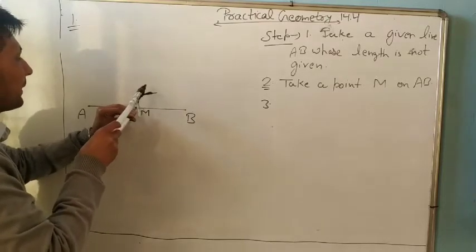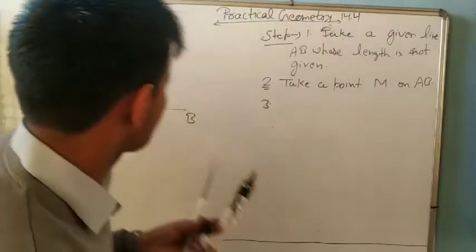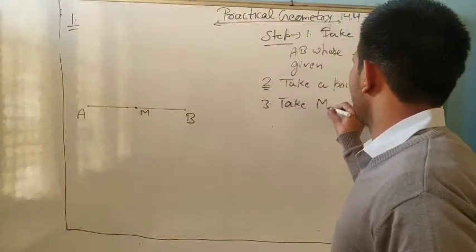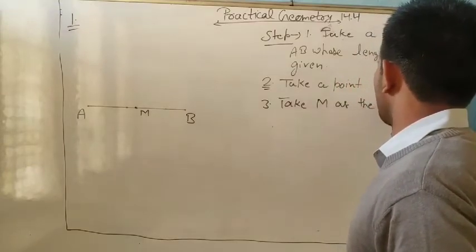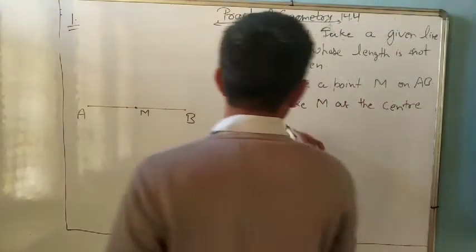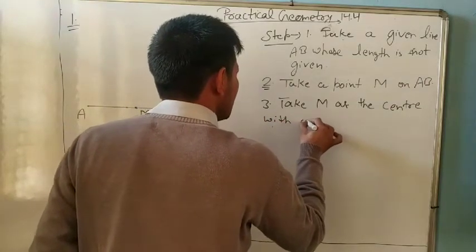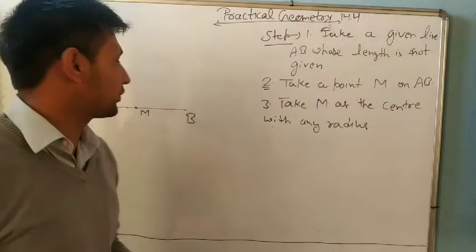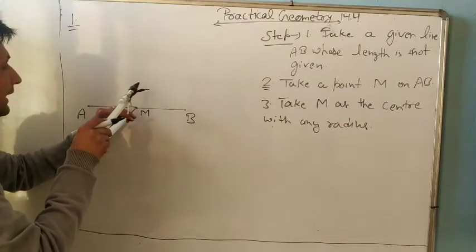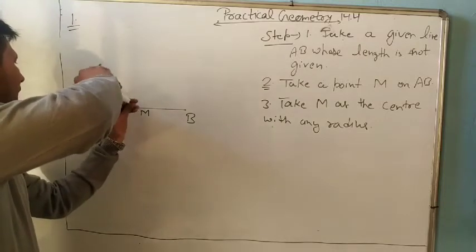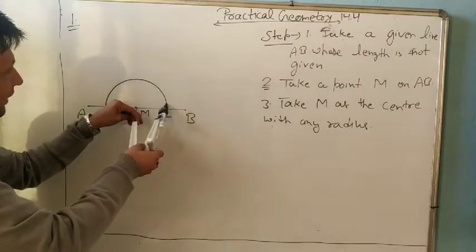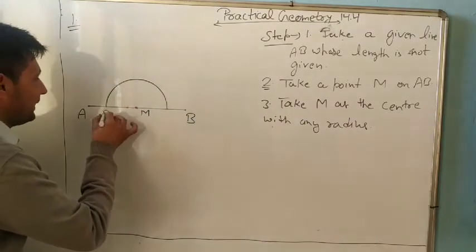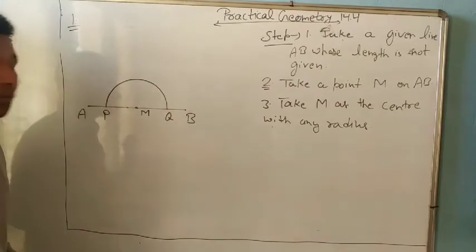So I am writing: take M as the center with any radius. Any radius means whatever you want to take. Now put the pointer at M and draw an arc like a half protractor, which cuts line AB at points P and Q.